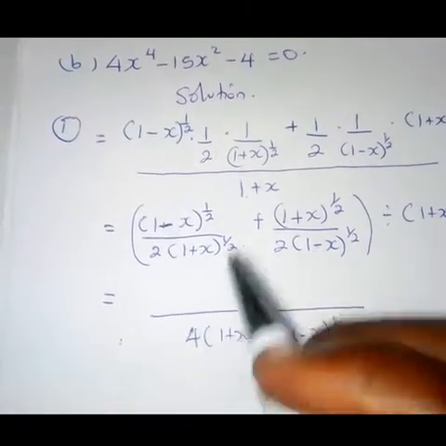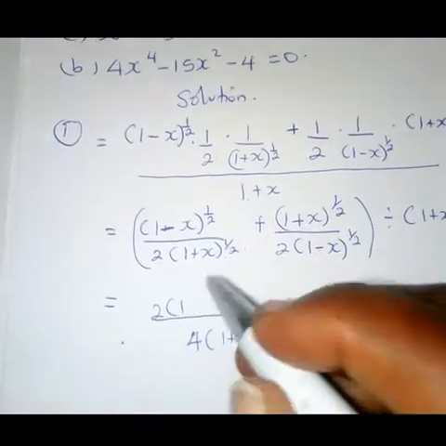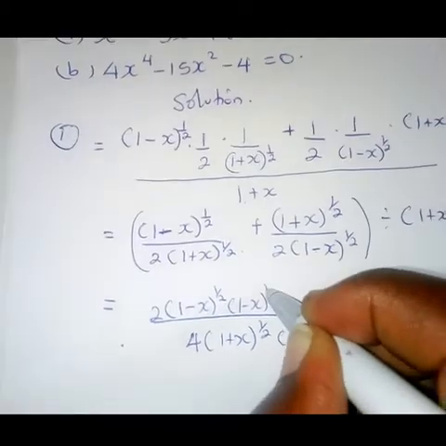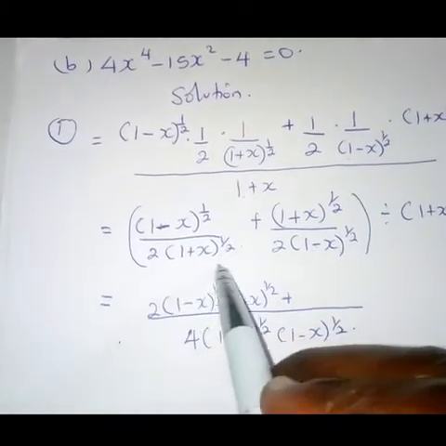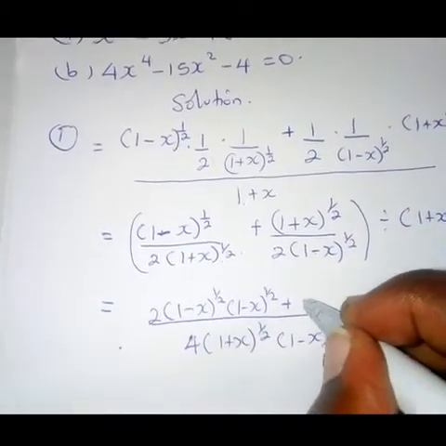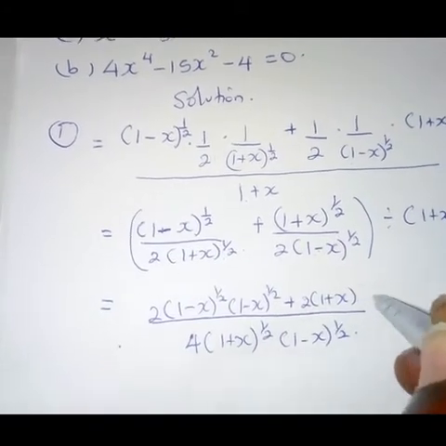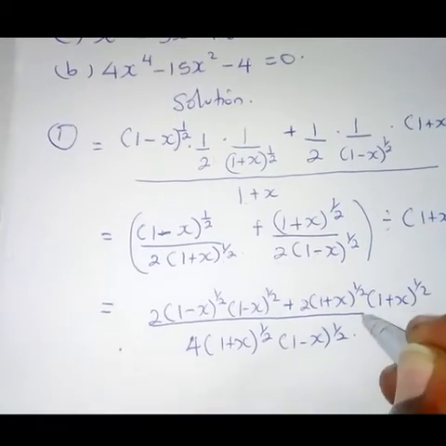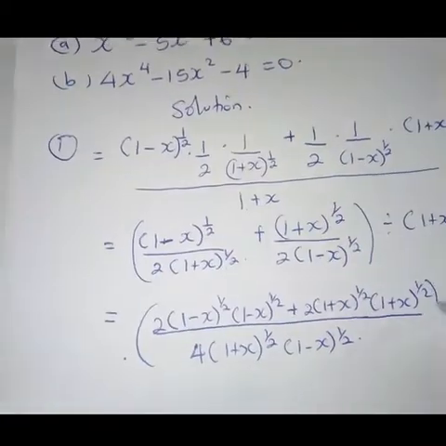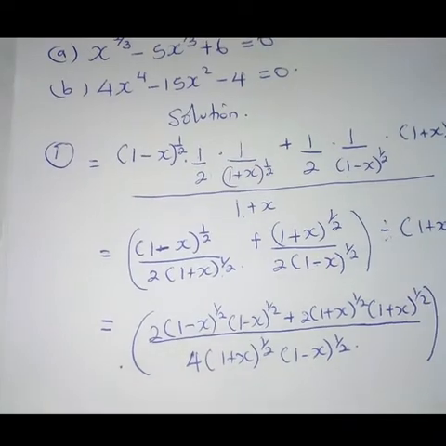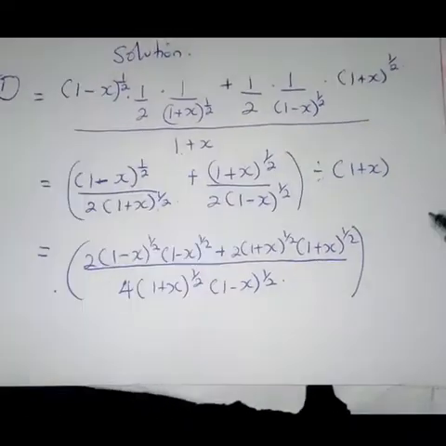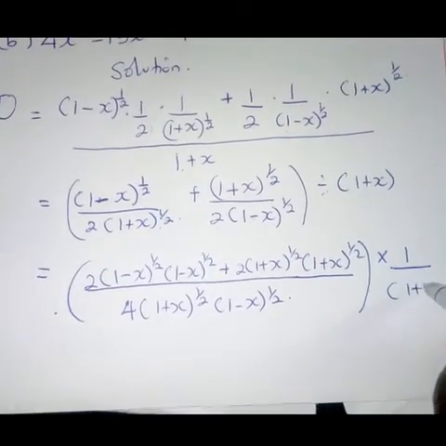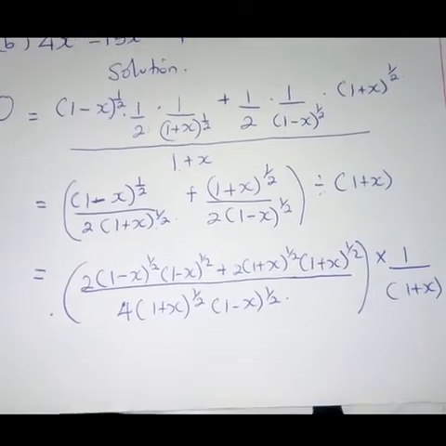So this term times this term gives you 2 into 1 minus x to the power a half, 1 minus x to the power a half, plus this term times this one shall have 2 into 1 plus x to the power a half, 1 plus x to the power a half. But remember, we have this division here, but when it changes, what we are going to have is times 1 out of 1 plus x. This thing is the same as having power 1.